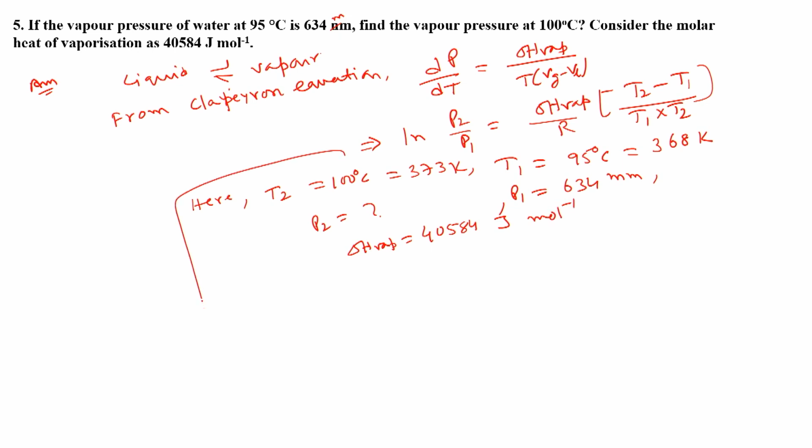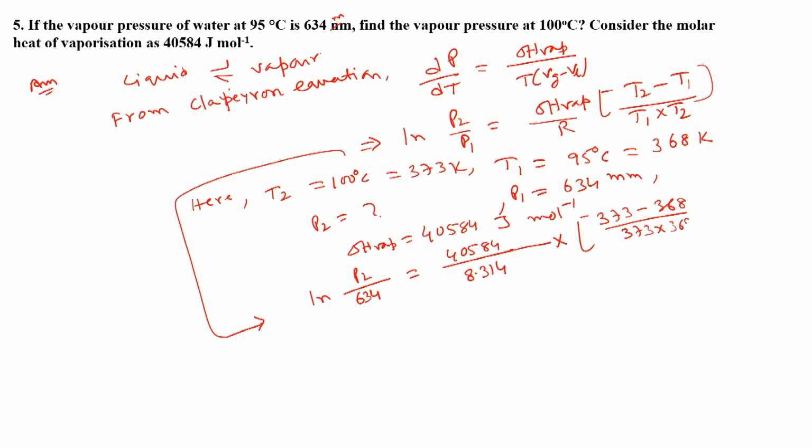So, using this expression, ln P2 by P1, with P1 as 634 and delta H as 40584 in joule unit, we need to use R in joule unit, so 8.314. So, T2 minus T1 is 373 minus 368, divided by 373 times 368.